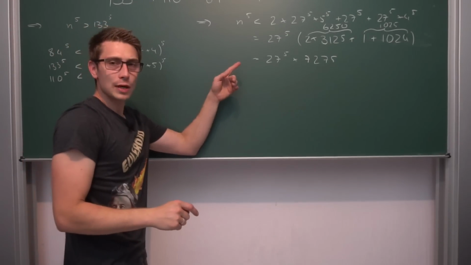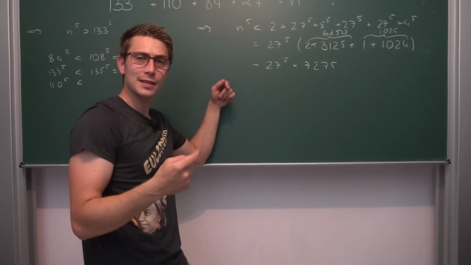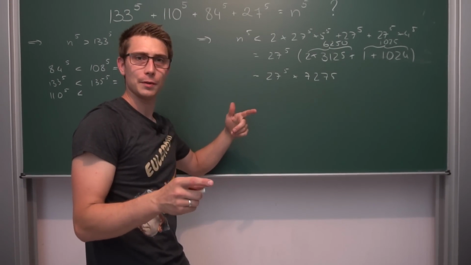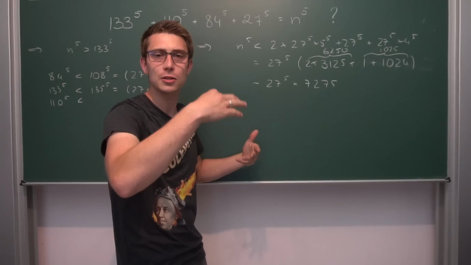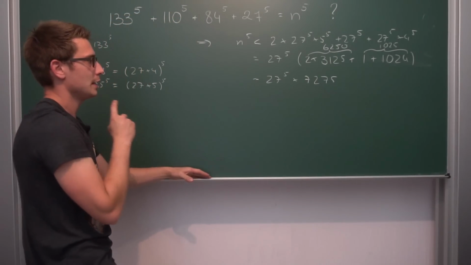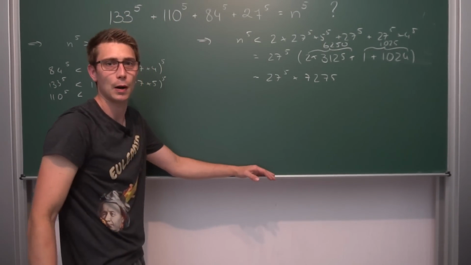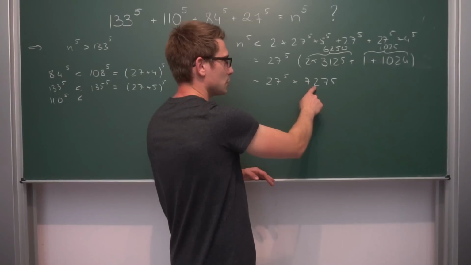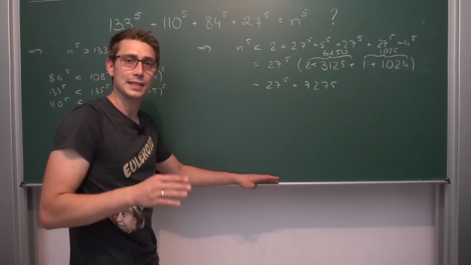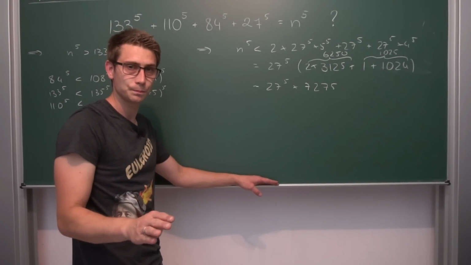Now this right here is a proper upper bound, but as mentioned at the start, we want to bound it by some kind of a to the 5th power from above. Now we already have 27 to the 5th power. 7,275, as a matter of fact, is not something to the 5th power.